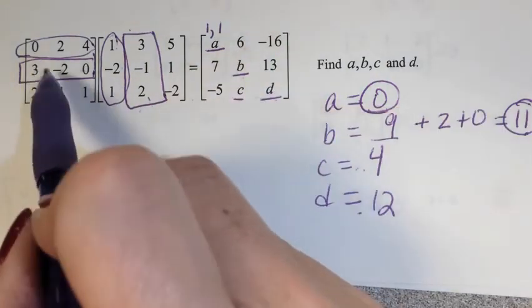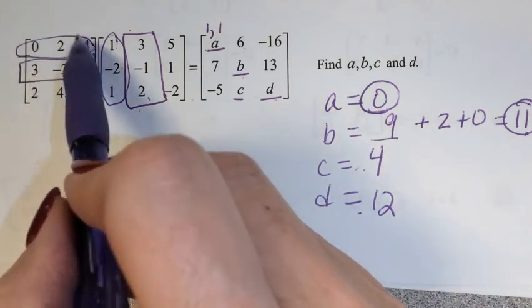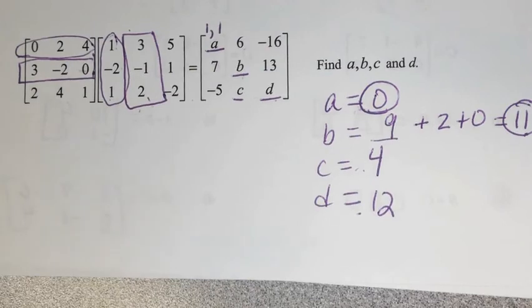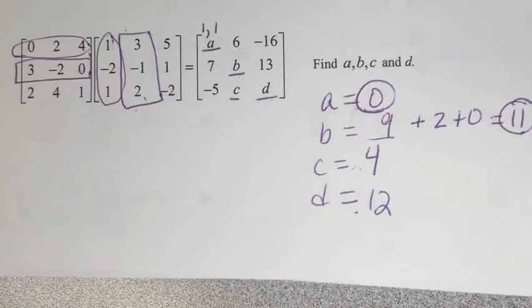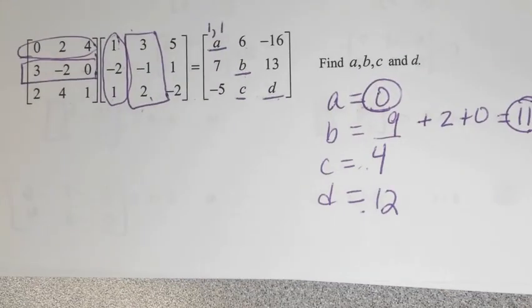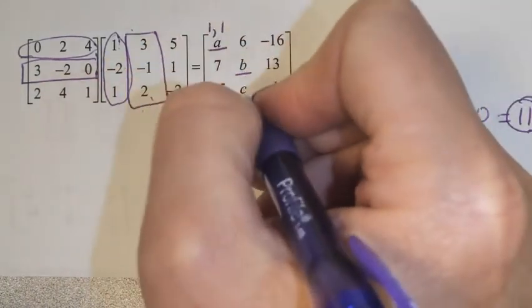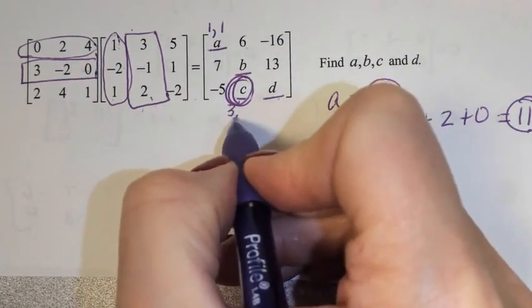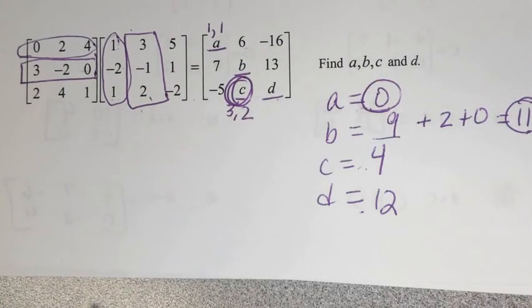And then to find C, actually that's showing you how you found A. You had to use that first row, first column. All right, so make sure you understand that. We're going to find that C value that's in that third row, second column.